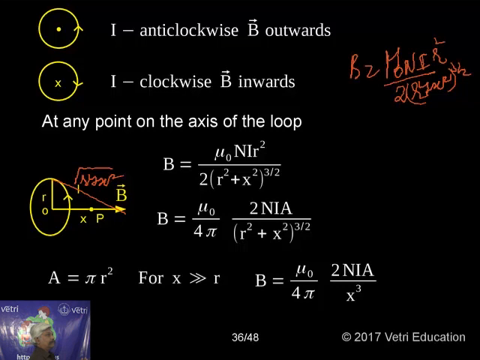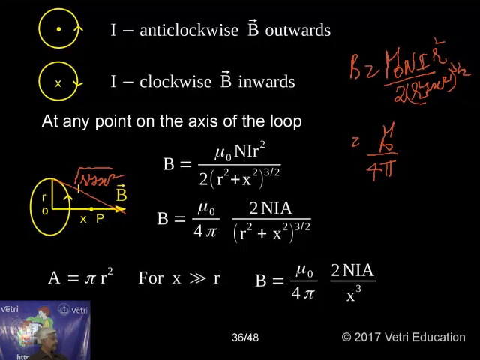To formulate the actual value, it should be multiplied by 2, so mu naught here is also multiplied by 2, giving 4 pi. So we are getting the answer: mu naught by 4 pi, 2 N I A by R square plus X square whole power 3 by 2. So A is equal to pi R square, we know the area is pi R square.